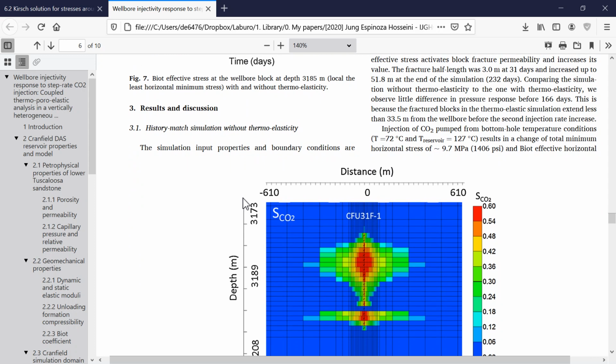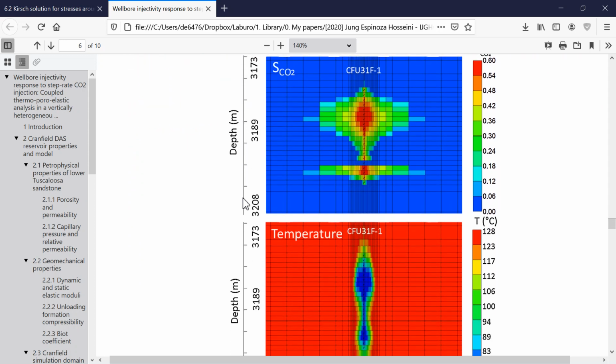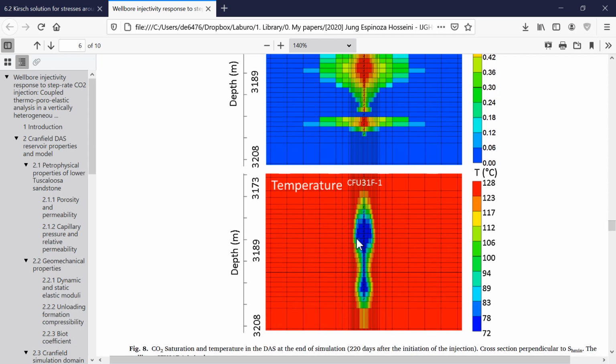And what we see, however, is that although the injection of the cold fluid prompts an earlier initiation of a hydraulic fracture in this case, that fracture is pretty much restricted to the zone of the injection and to the areas where the minimum horizontal stress was the lowest.